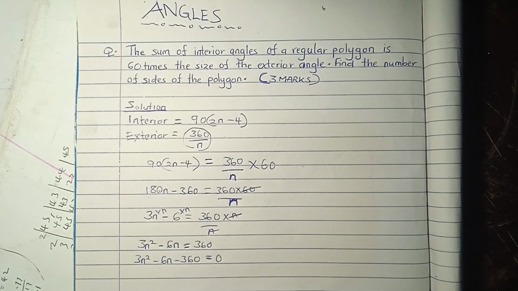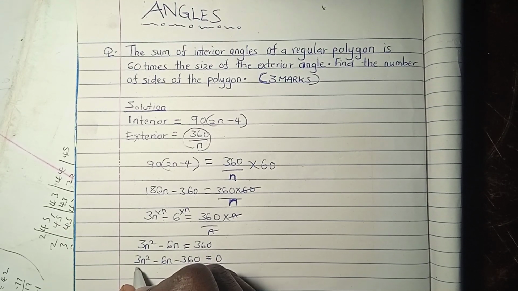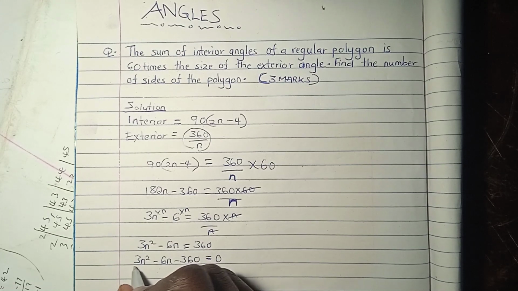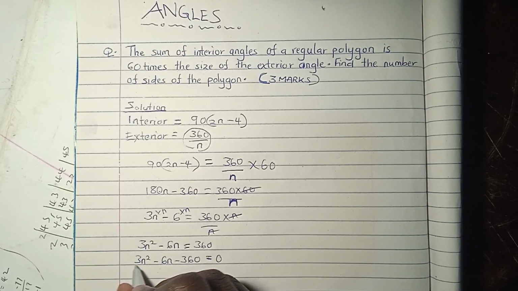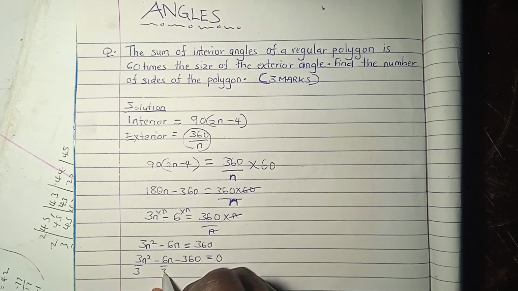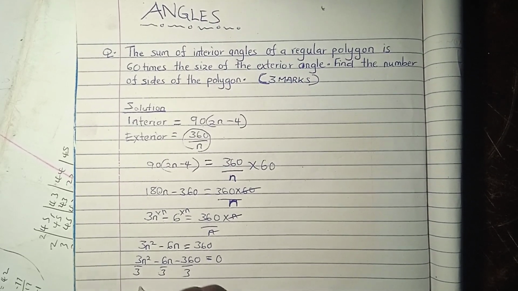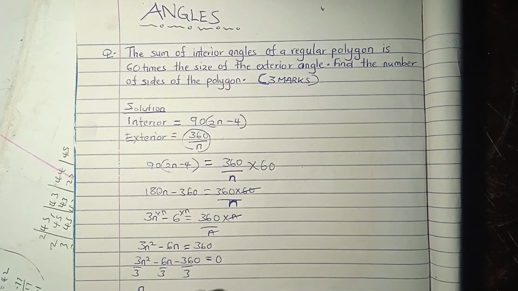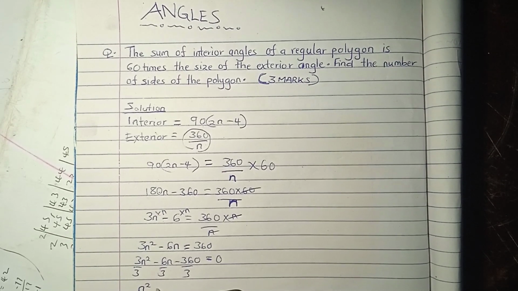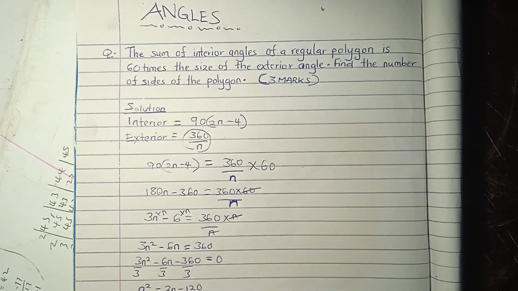Now when we are having quadratics, to make it easier, let's make the coefficient of n squared equal to 1 by dividing every term by 3. We'll have n squared minus 2n minus 120 equals 0.